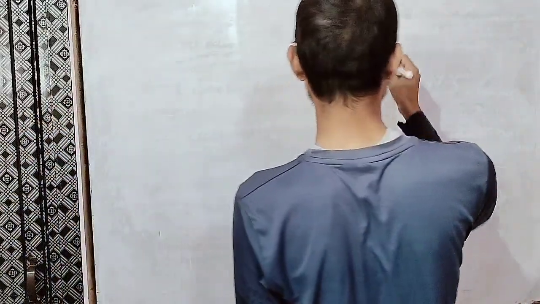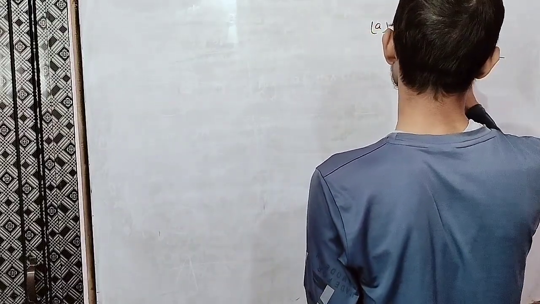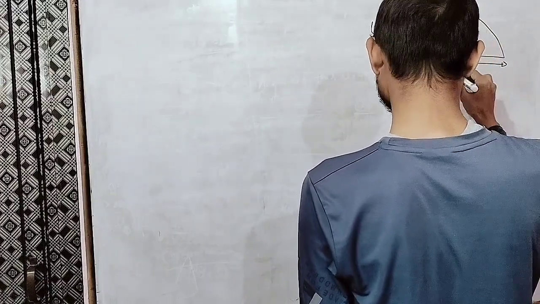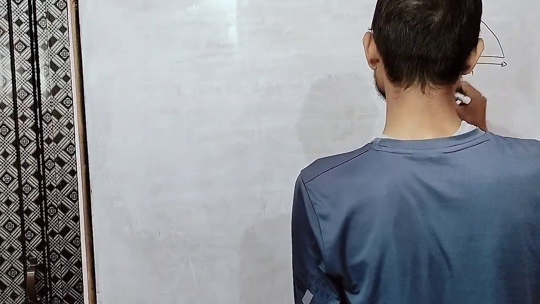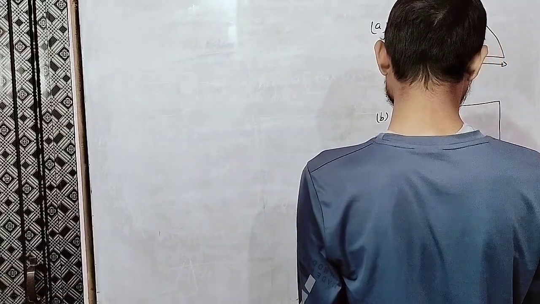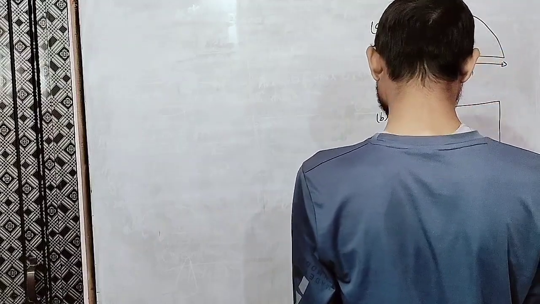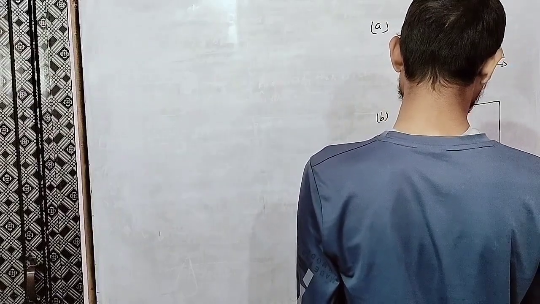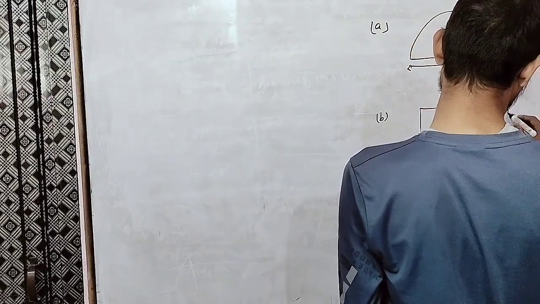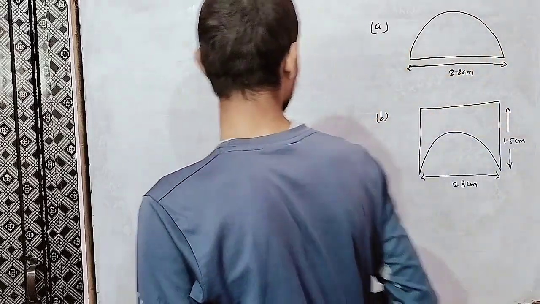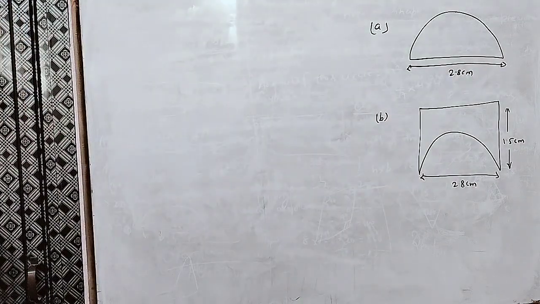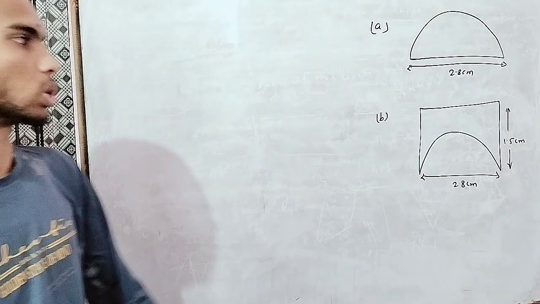I have some questions. We have two figures, and now we have to calculate the total length of the perimeter of these two shapes.